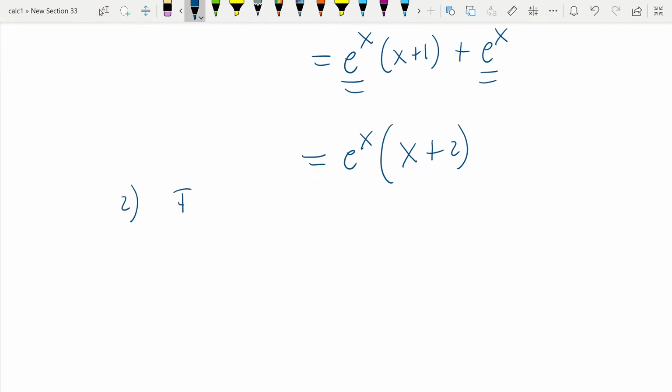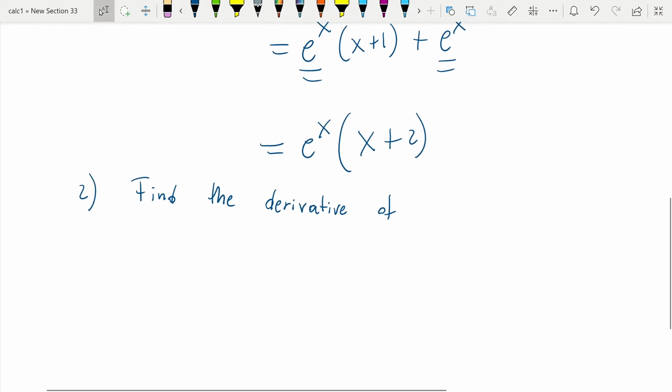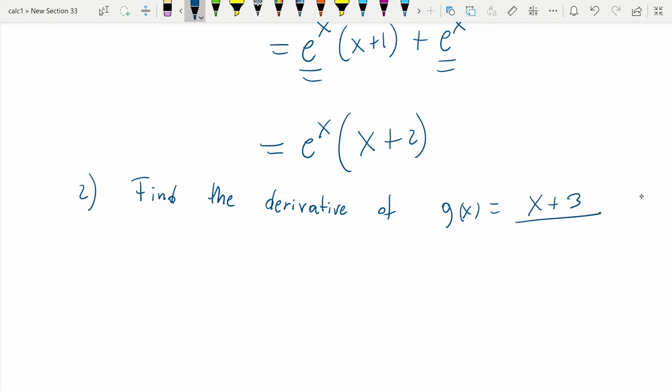So we may be asked to find, say, the derivative of f of x, or let me just define it as g of x now. g of x equals x plus 3 divided by x to the fourth plus 5.